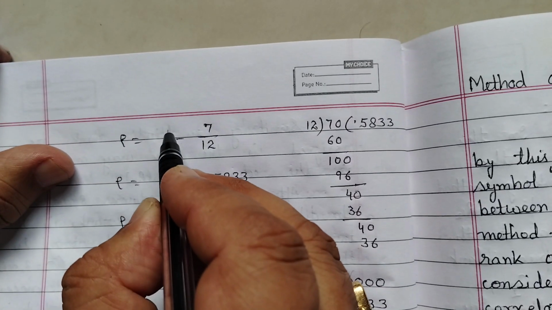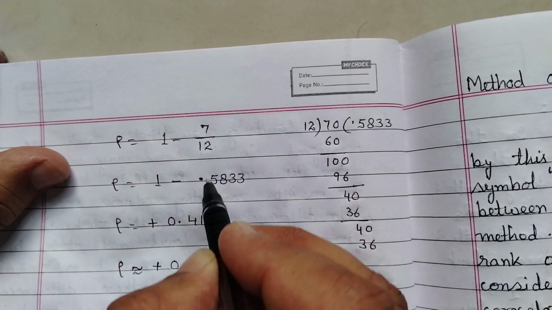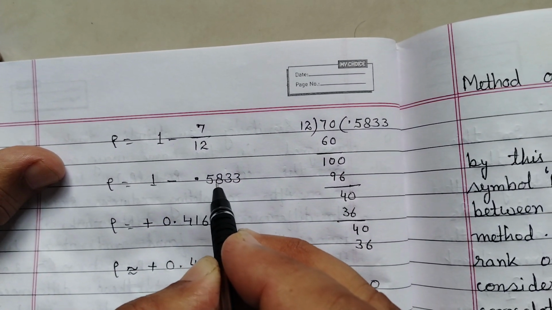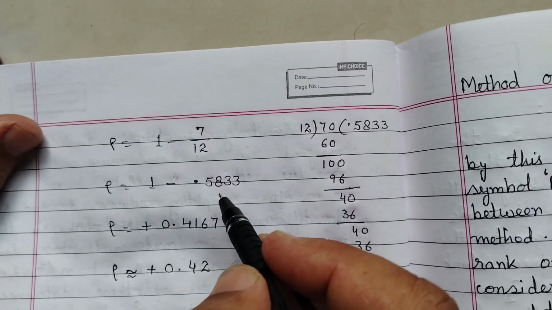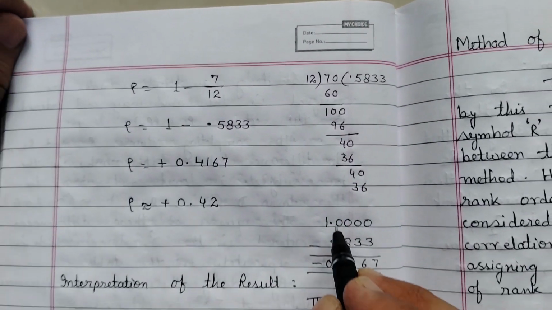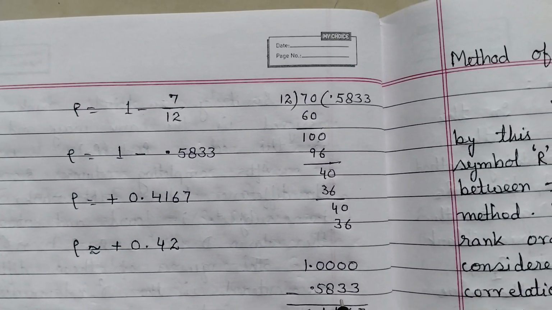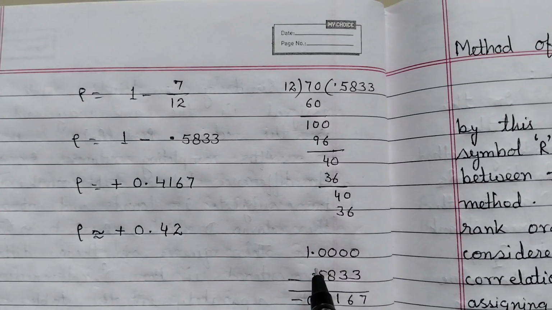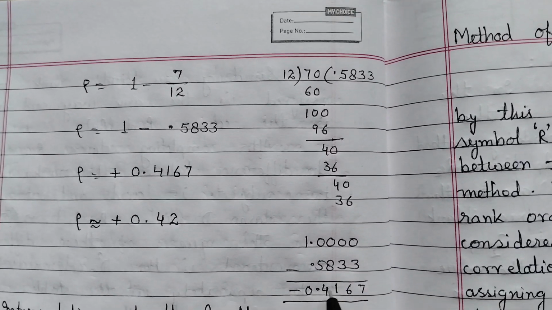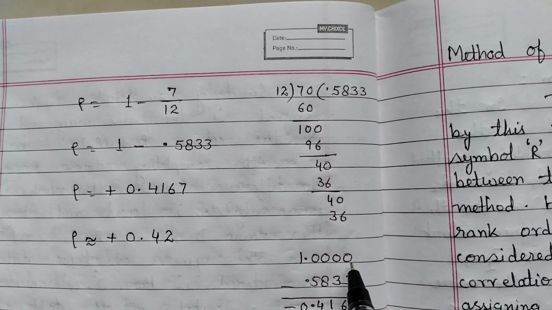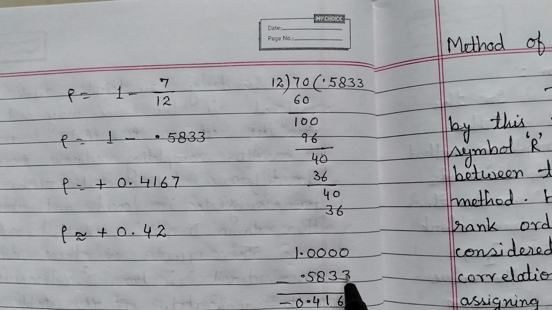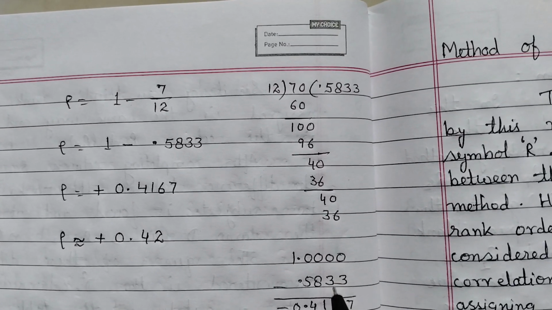So rho is equal to 1 minus 7 by 12. 7 by 12 is 0.5833.